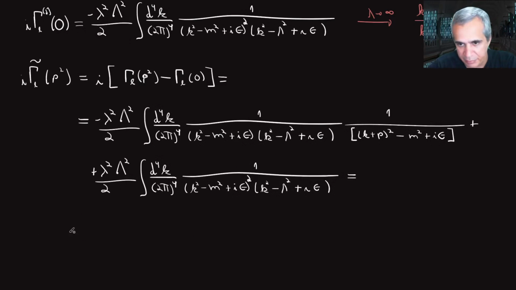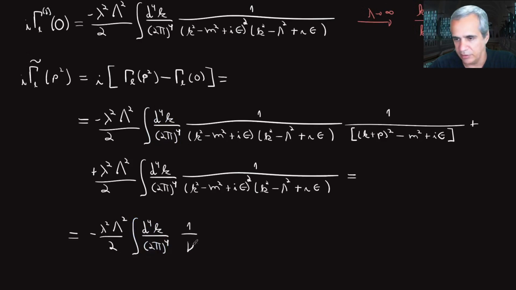I have this big denominator, which is the common denominator here, which I'll call d for now. So let me just write the answer. This is minus small lambda, big lambda squared over 2. The integral, of course, is the same, and I'll call the common denominator d. I'll write what d is pretty soon.